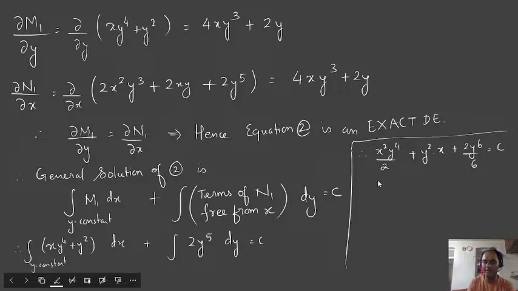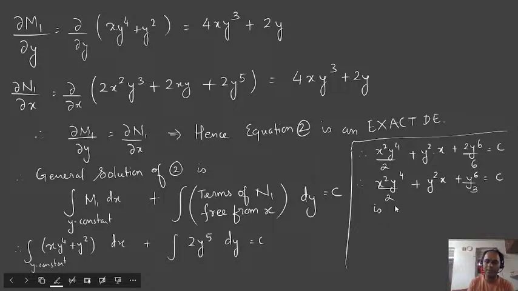So on simplification, you can either take the whole thing on the other side, take the LCM and do it, or you can just simplify and keep it, nothing will go wrong. So x square y raised to 4 over 2, I'll just simplify and keep it the way it is, not a problem, and y raised to 6 over 3 is equal to c.